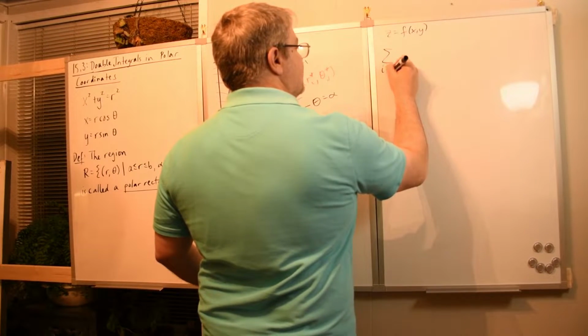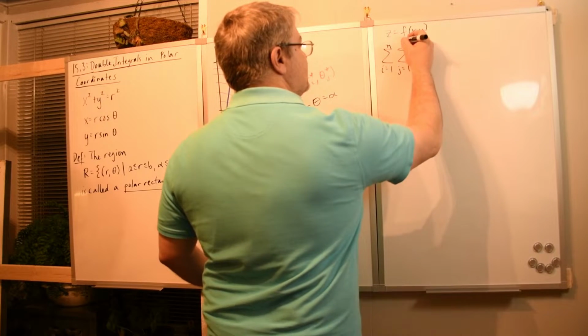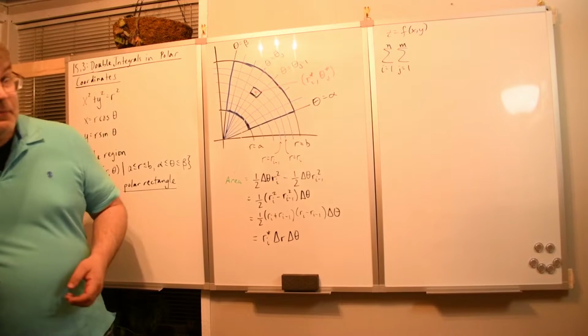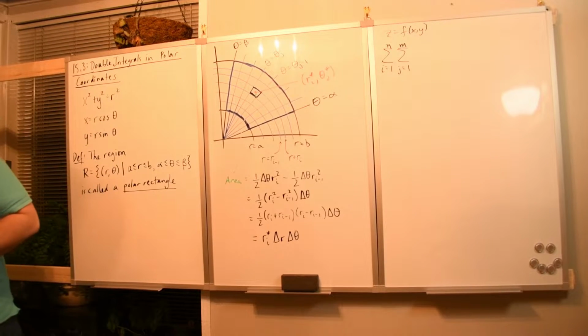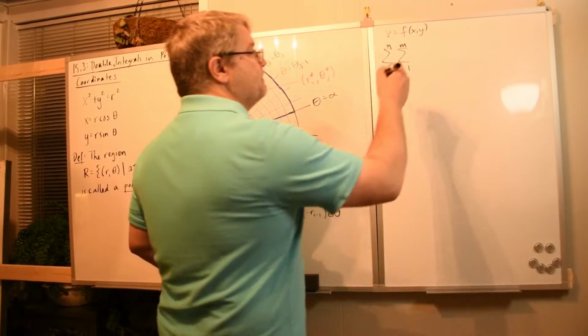So we'll take a look at the summation i equals 1 to n, summation j equals 1 to m, and then we're going to have this f of x y, but once again, we're not plugging in x and y. We're going to be plugging in r sub i star cosine theta j star.